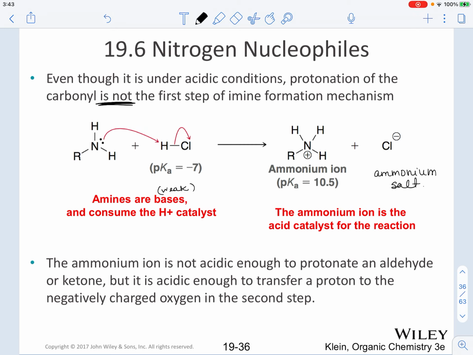Okay, so the ammonium ion is the acid catalyst present in the reaction. Now, let's note that ammonium ions or ammonium salt is not acidic enough to protonate an aldehyde or a ketone, but it is acidic enough to transfer protons to the negatively charged oxygen in the second step of the reaction.